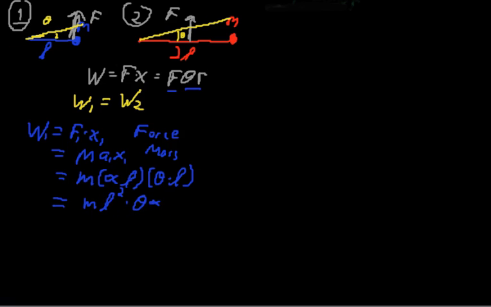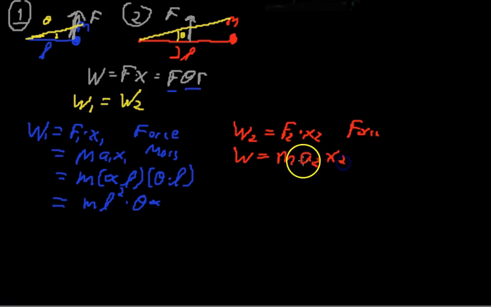And if we look at the second mass, we know that it's F2 times x2, where once again these are the force and the distance of the force, but then I can rearrange this a little bit and substitute in. So this is m times a2 times x2. And so when we're looking at what's going on to the mass specifically, what's its acceleration going to be?